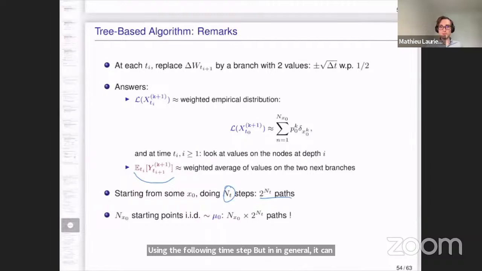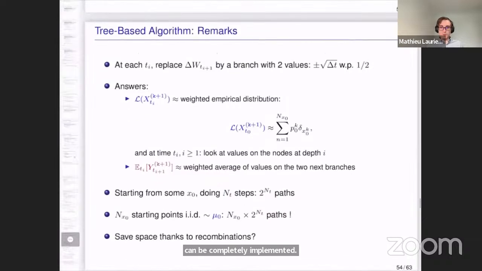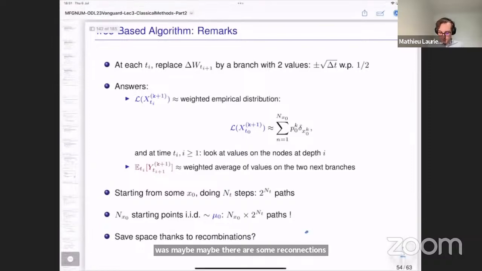So here, using this tree-based approach, it can be completely implemented. And I believe the idea behind using the grid was that maybe there are some recombinations. Intuitively, when you are here, you have two possibilities, and then two possibilities again, etc. But maybe these two are actually pretty close, so maybe you don't really need 2 points. Here you are going to have two different points in your tree.